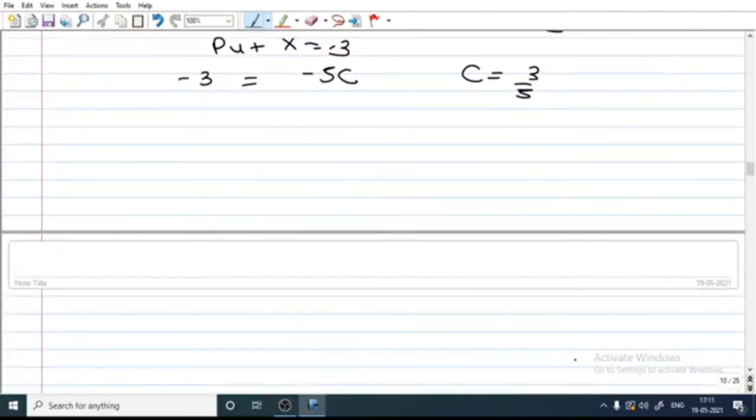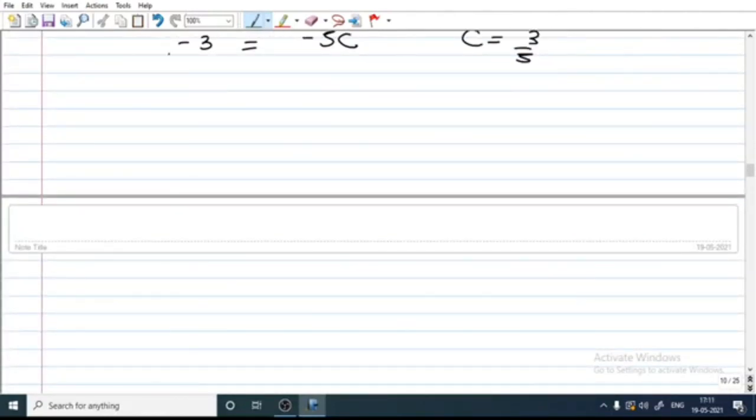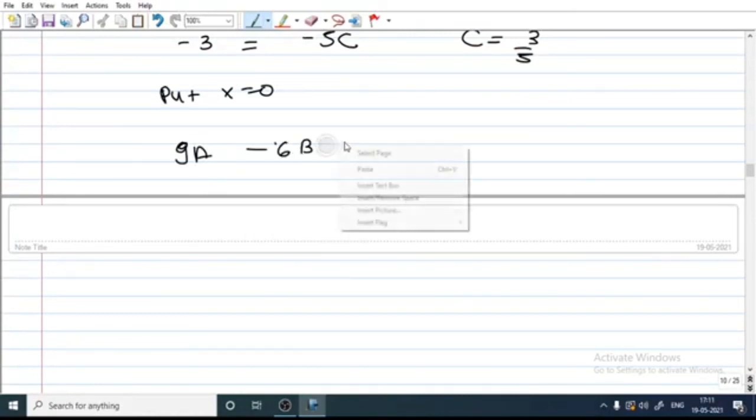Now what you can do after this is put x equals 0. The moment you put x equals 0 in the expression, what you are going to get is 0 equals 18A minus 6B minus 2C.